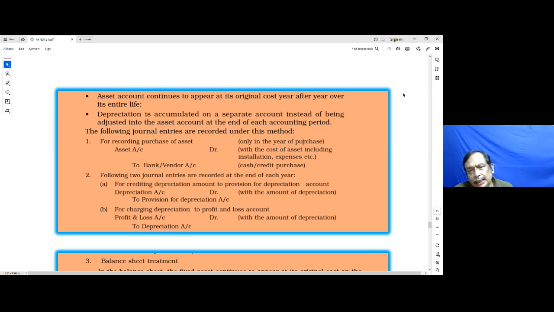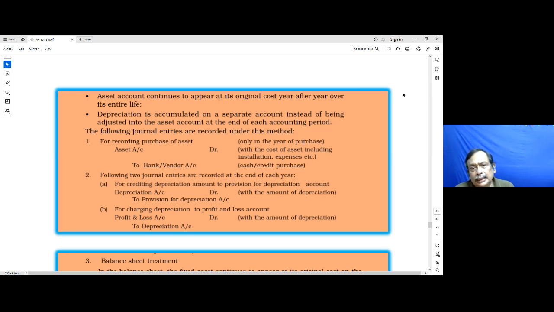we pass the entries, that is cost plus installation expenses, etc. for purchase and recording of purchase of assets. We pass the entry asset account debit to bank or vendor account, as usual.